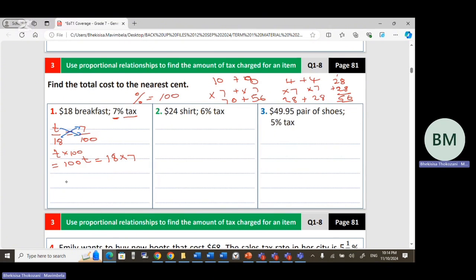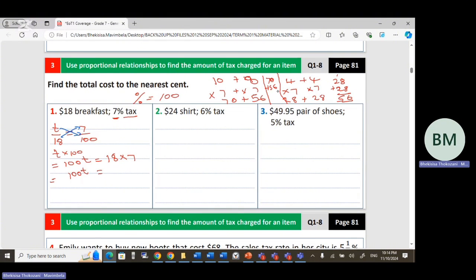Now we go back to our question here. We have 100T equal to, now we need to add those two, right? We need to add those two, guys. I might run out of space here. Okay, we have 70 plus 56.